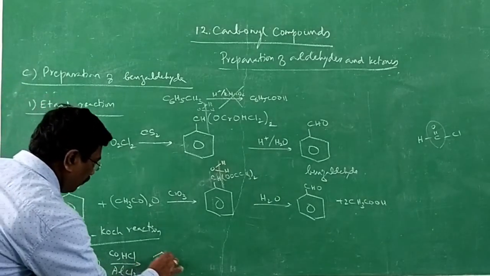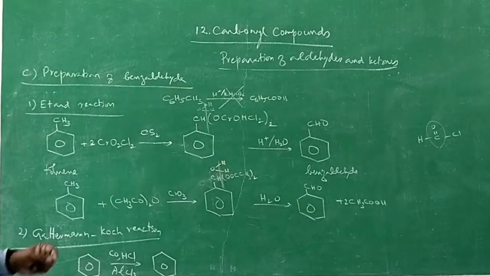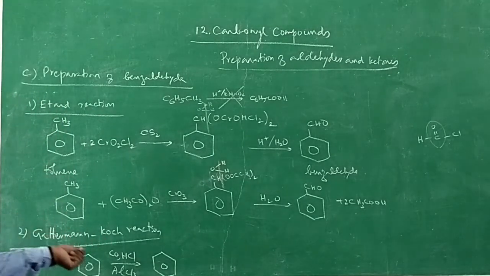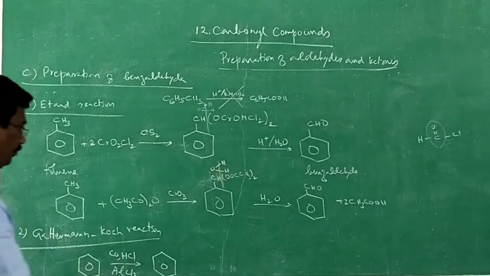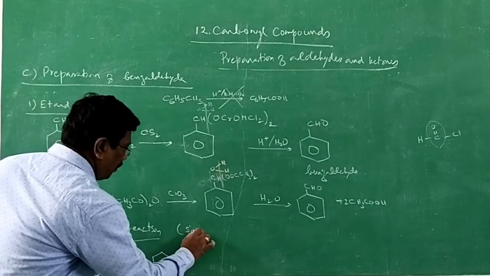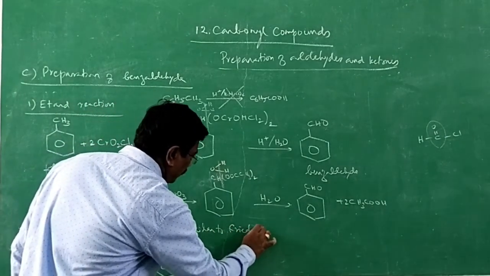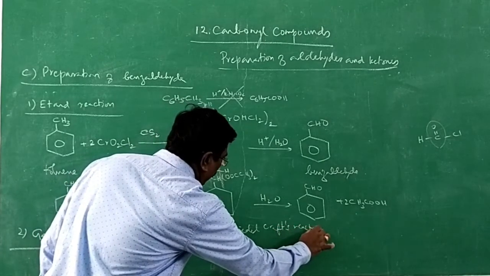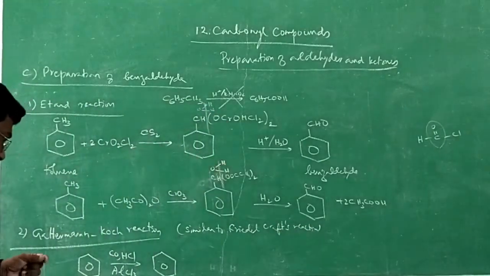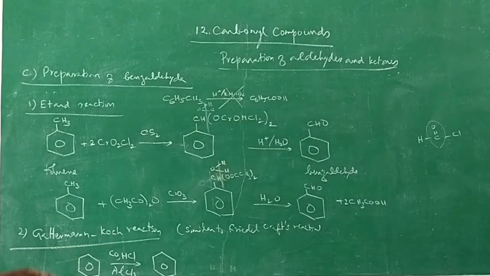It is formylation, formyl group getting attached with benzene ring. It is similar to Friedel-Crafts reaction. In Friedel-Crafts reaction, alkylation, acylation, here of course formylation, formyl group is being added.